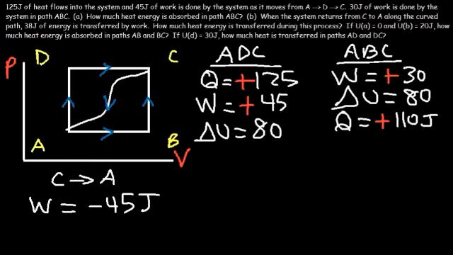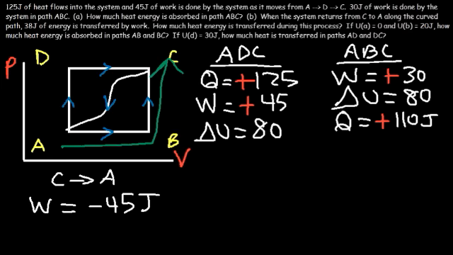Now, in order to find Q, the amount of heat energy transferred during this process, we need to find delta U. So how can we do it? Well, we know that going from A to B to C, delta U is positive 80. Going back from C to B to A, it's going to be negative 80.